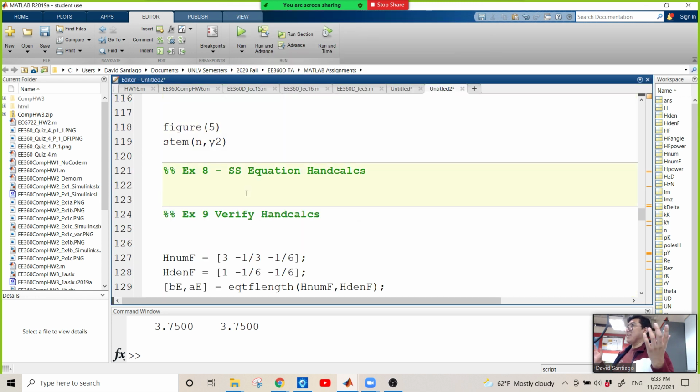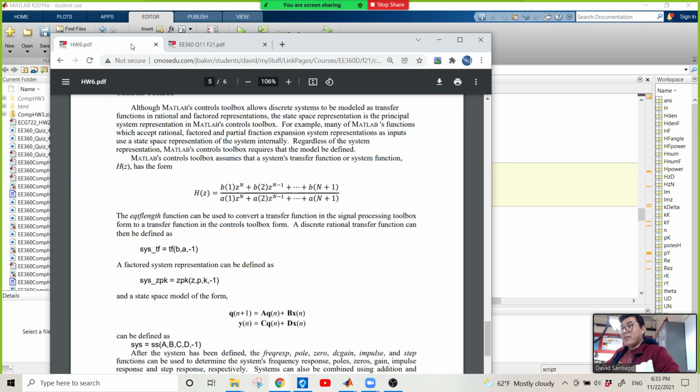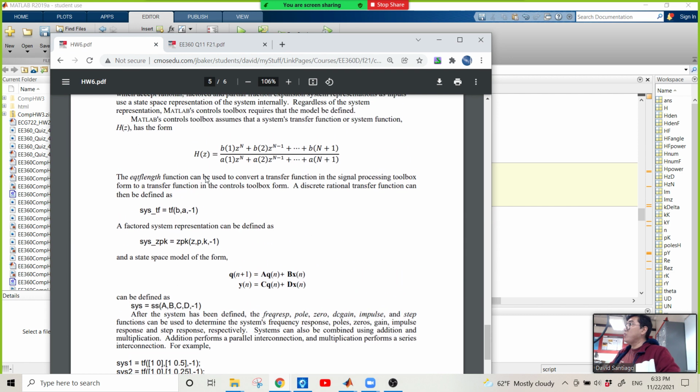Now, we can proceed to the second half of the assignment. You're going to be using the controls toolbox.